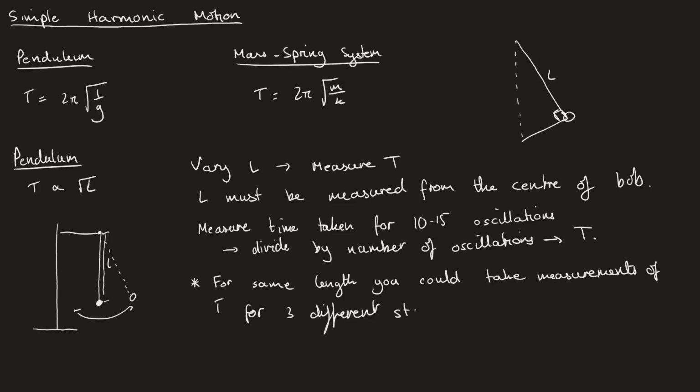Now, if you take it for 3 different starting positions and find that it doesn't matter where you begin, you end up with the same time period, you've now proven that, as the equation predicts, this is independent of your starting position. Now, that's not entirely necessary in order to get the pass that you need in this, but it is something that can then maybe give you more to write about in your conclusion or your analysis section of your write-up.